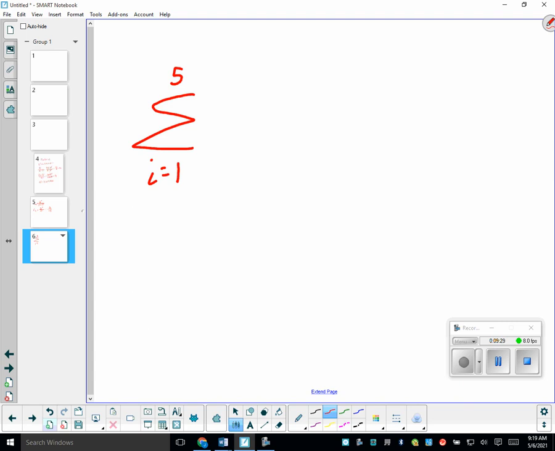Then my formula is 3i plus 1. What this means is I'm going to insert, in place of i, a 1, and then add by inserting every number and ending at 5. This means I do that and add them all together.